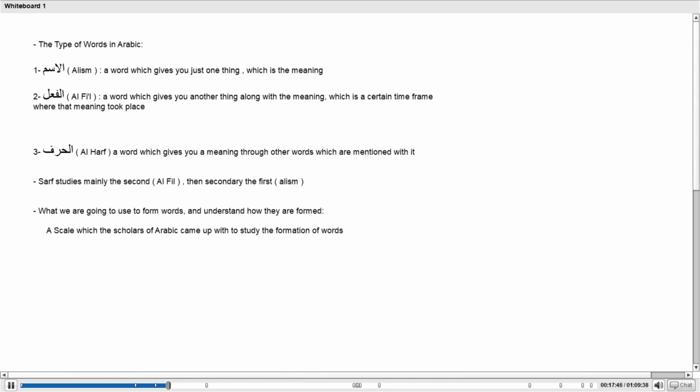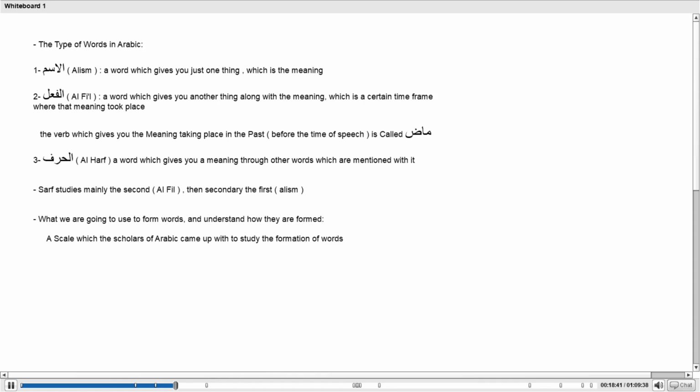Now, the verb which gives you the meaning taking place in the past, and by the past we mean before the time of speech, is called maadi, M-A-A-D-I.